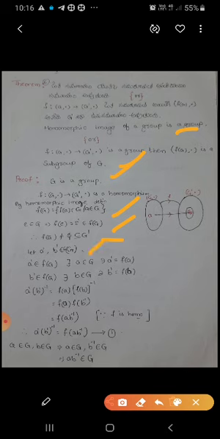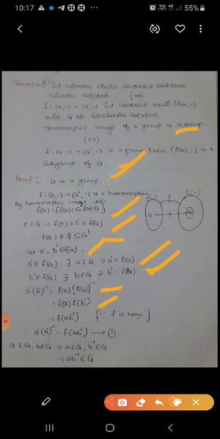Let a', b' belong to f(G). So a' belongs to f(G), there exists a belongs to G such that a' equals f(a). If b' belongs to f(G), there exists b belongs to G such that b' equals f(b). So (a' b')^-1: a' is f(a), b' is f(b).